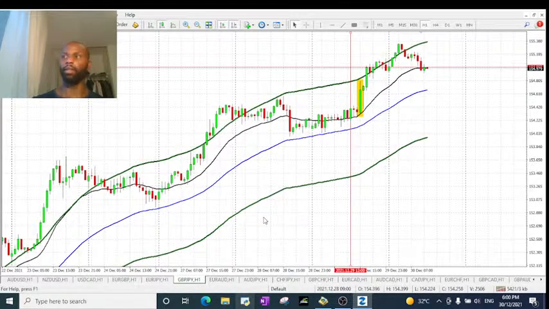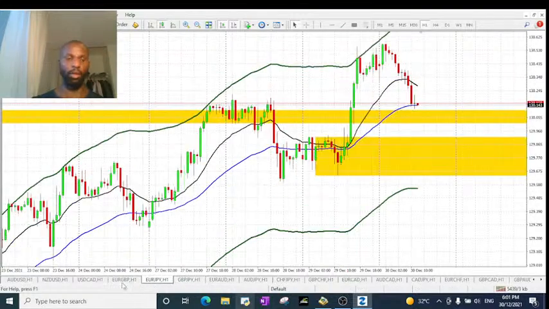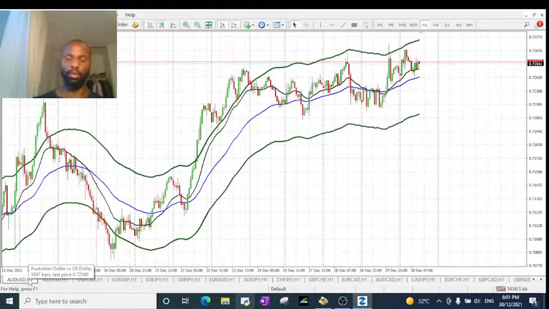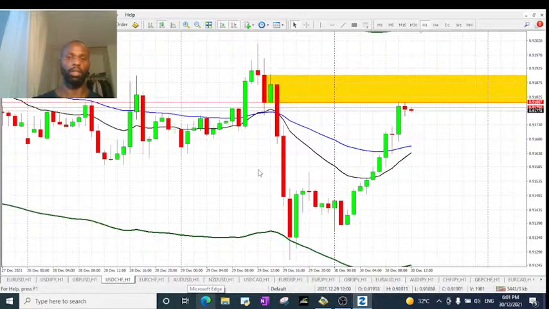US Swiss franc is similar to the current trade I took in Australia and New Zealand. We hit a zone, rejected at the zone. The only thing you have to do is smack the sell. So this is the trade right here yesterday.